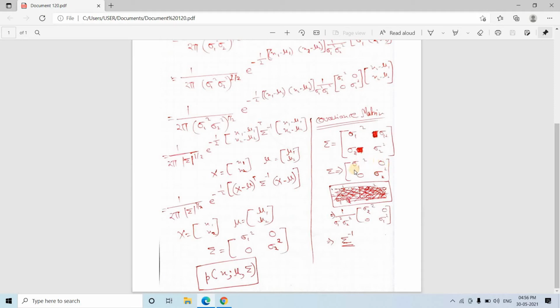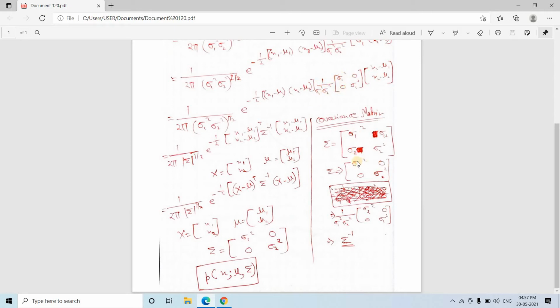Okay, right. Now see, here what is there? 1 by sigma 1 square multiplied by sigma 2 square, and here sigma 2 square 0 0 sigma 1 square, and our covariance matrix is sigma 1 square 0 0 sigma 2 square. If you just try to understand with respect to matrix, if you take the inverse of this covariance matrix, that is nothing but this particular part, 1 by sigma 1 square sigma 2 square 0 0 sigma 1 square.